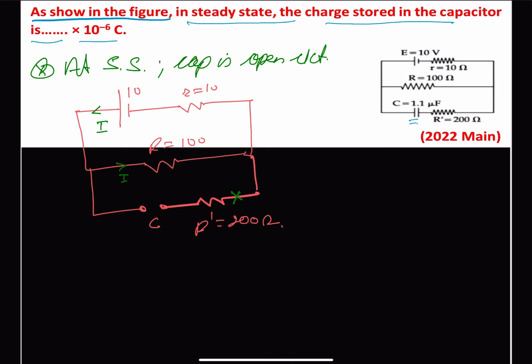So we can say current I will be equal to E divided by small r plus capital R, which is 10 divided by 10 plus 100.